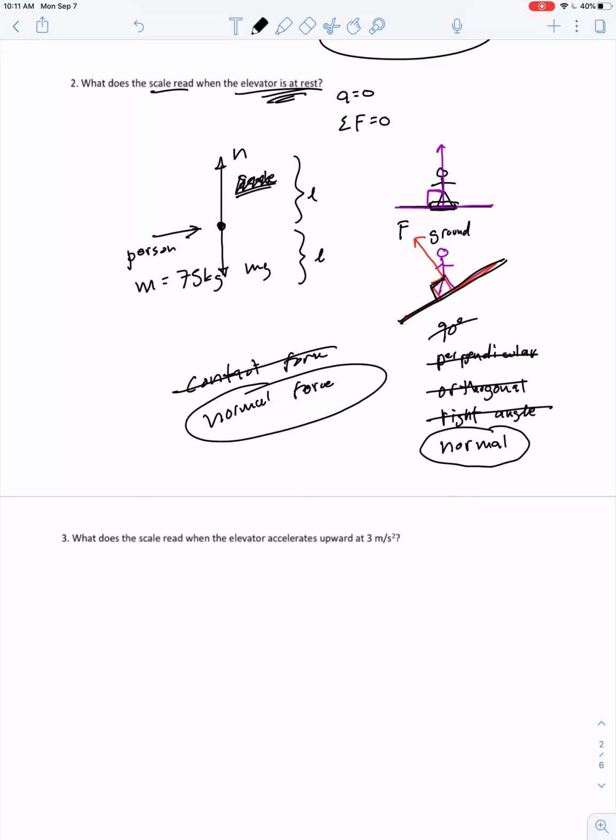Okay, so for the net force to be 0, the normal force has to be just as large in magnitude as this downward force of gravity. So 75 kilograms multiplied by 10 meters per second squared gives us a normal force of 750 newtons.